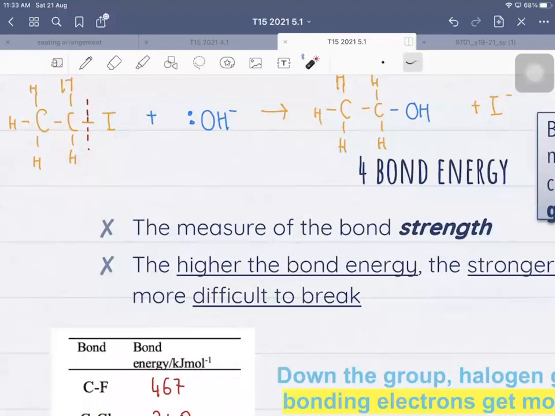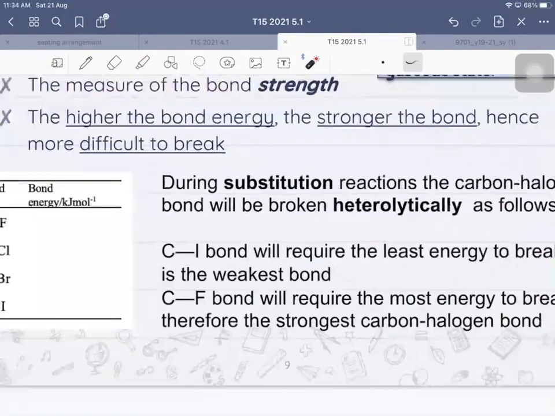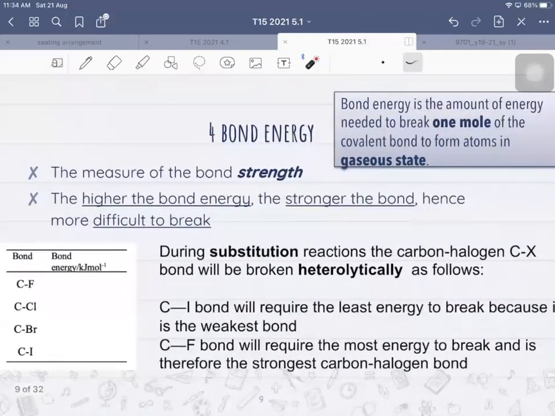We will only see that when we do the mechanism later on. Heterolytically means they break and move a pair of electrons at a time, whereas homolytically is when you break the bond, you are only moving one electron at a time.